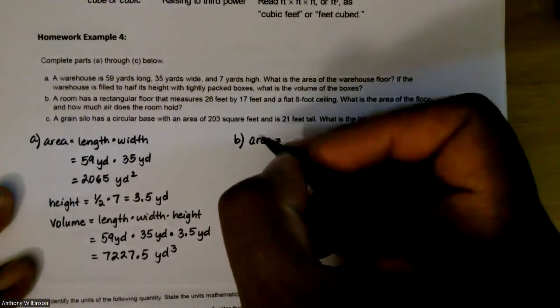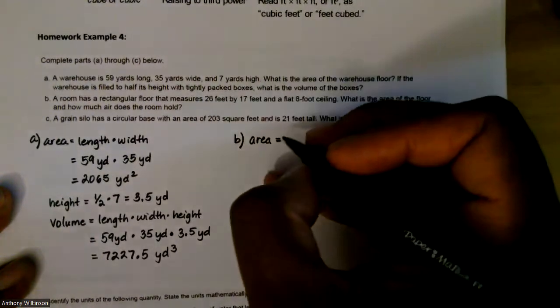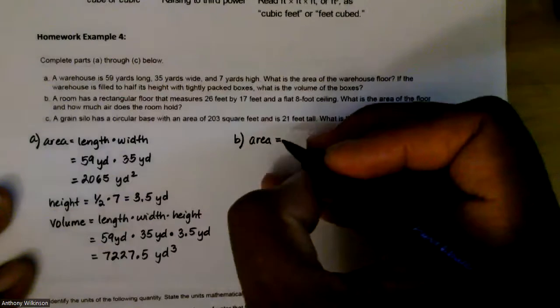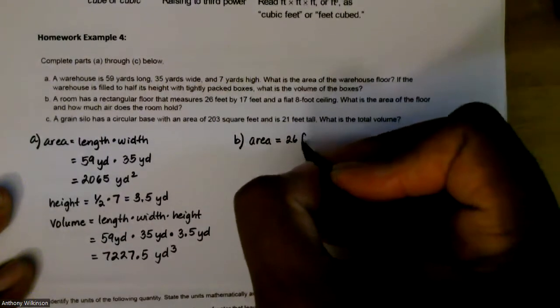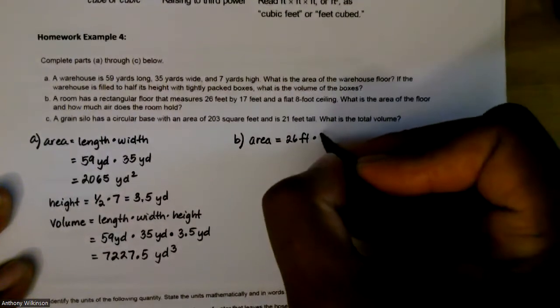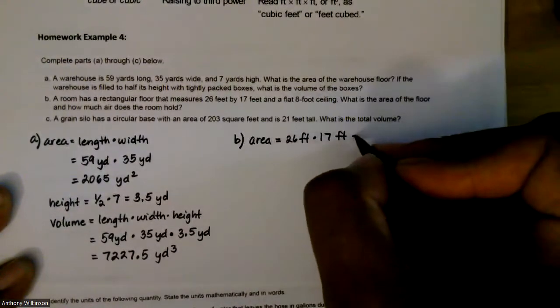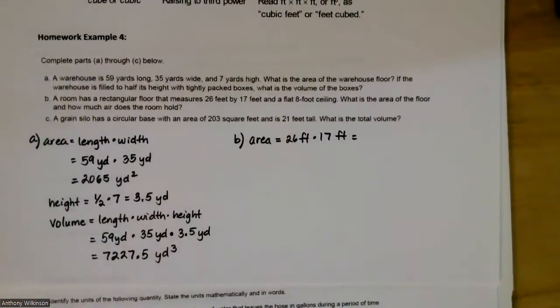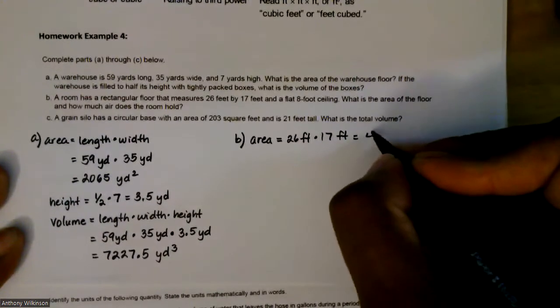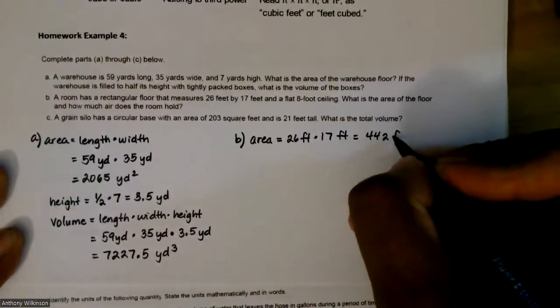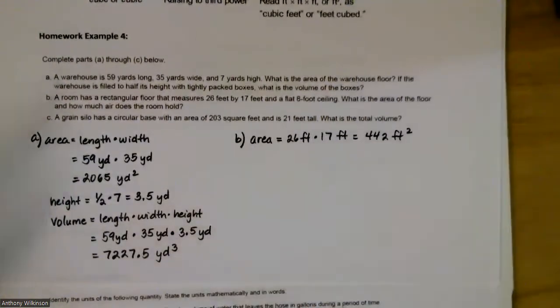So that area would be 26 feet times 17 feet. Multiply 26 times 17, you'll get 442. And the area has to be in square units, so it has to be square feet.